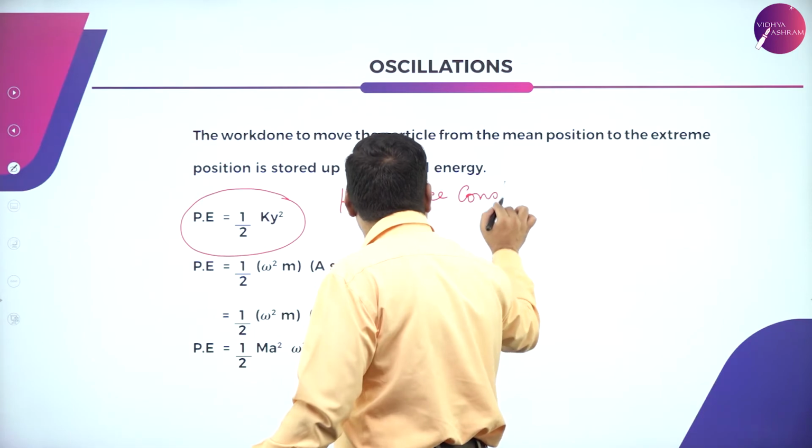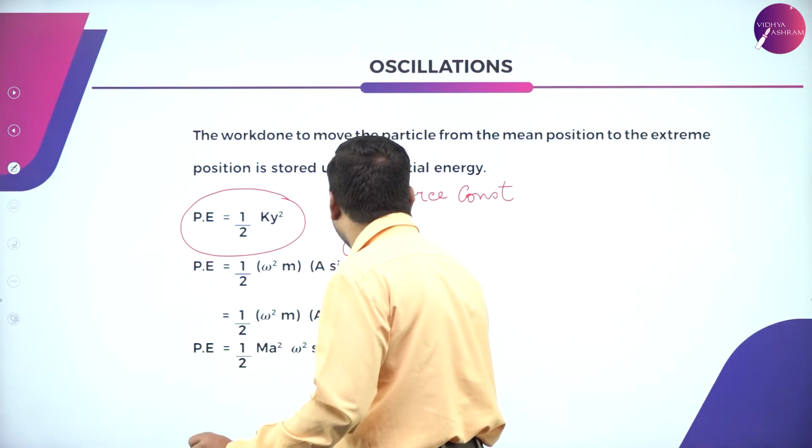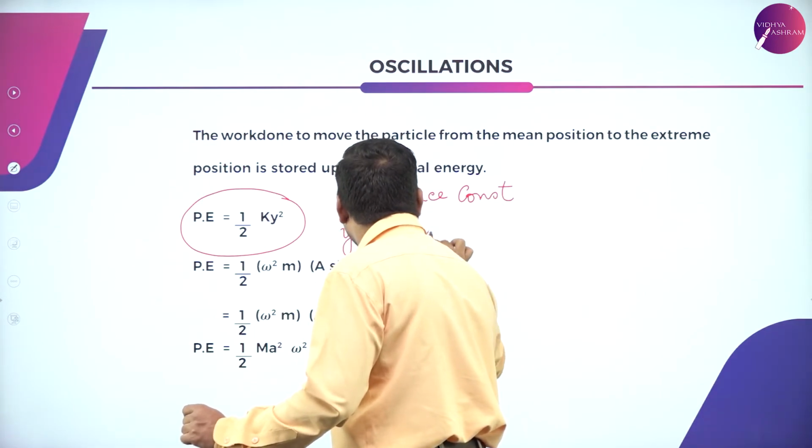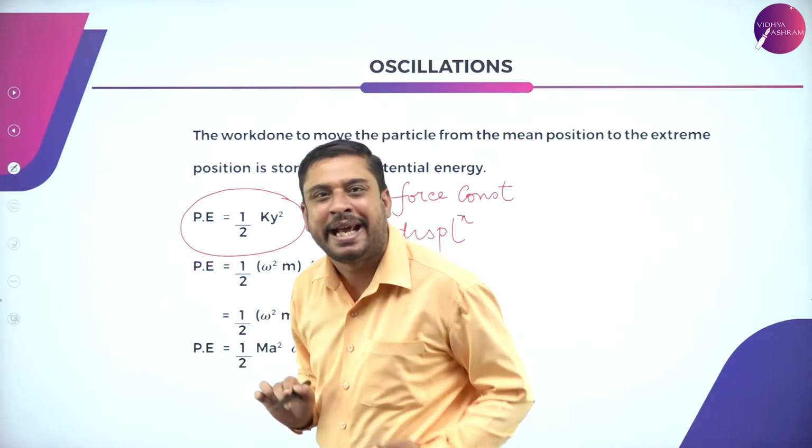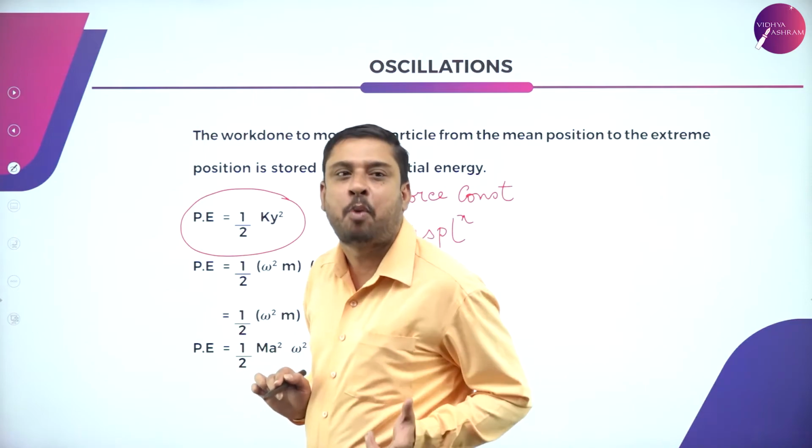It is called the force constant, and y is the displacement of the spring from its mean position.